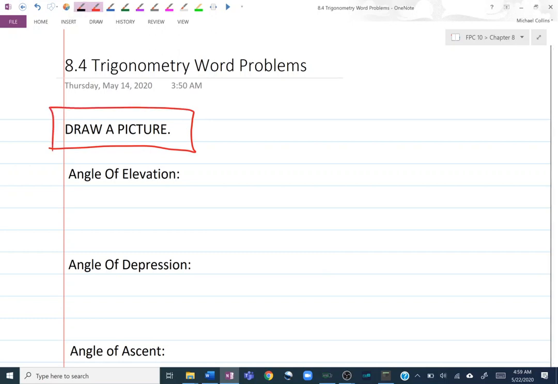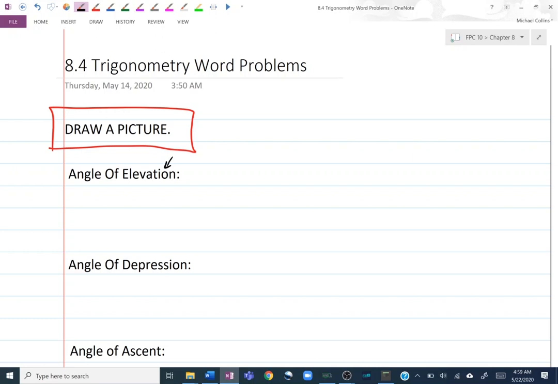So angle of elevation. Elevation typically means upwards. If you think of the elevation of a mountain, you're measuring how high up it is. If you elevate something, you're bringing it up. Elated has a similar prefix, and it means to be up.